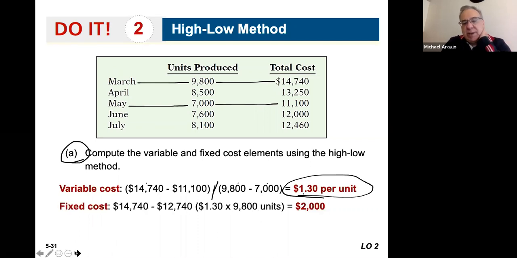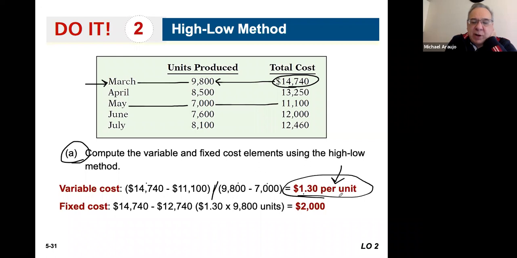It's because we have the high and the low. So in the case of your fixed costs for March, okay, you had total costs of 14,740 to produce 9,800 units. Okay. Well, you know that each unit has a variable cost now of $1.30. So you have 9,800 units that you did in March at $1.30.